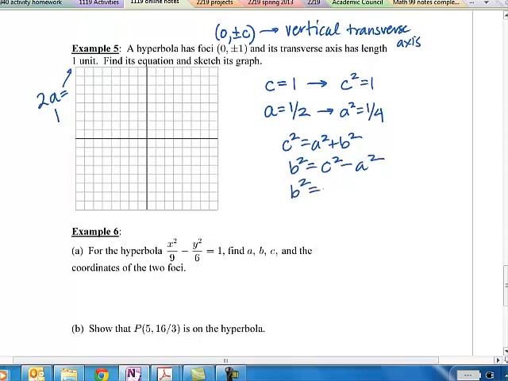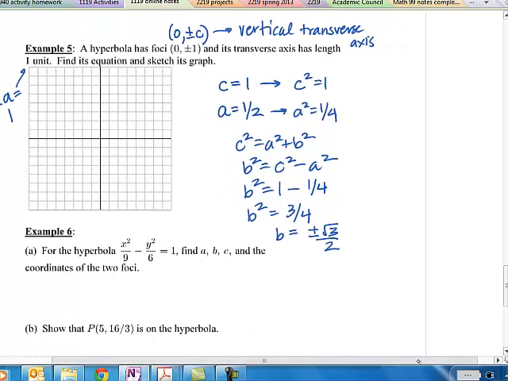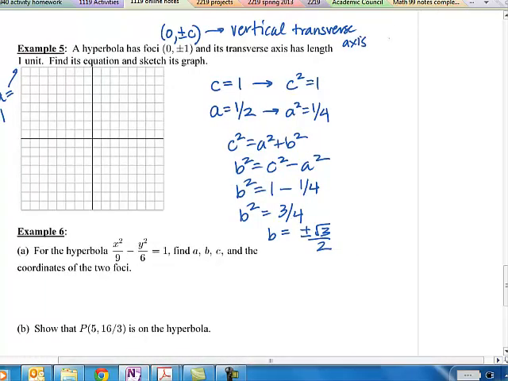So in this case, that's 1 minus a fourth. So b squared is 3/4, so b would be positive or negative square root of 3 over 2. So, equation we can get, we know that because there's a vertical transverse axis, y squared is going to be first.